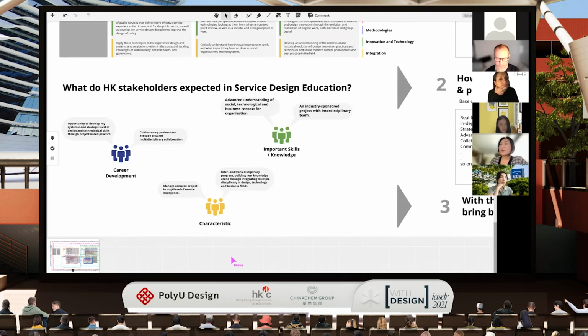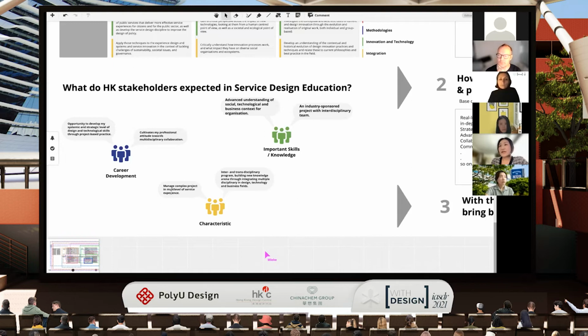And they also wanted to cultivate a professional attitude towards more multidisciplinary collaboration, not only working with designers themselves, but working with business planners, strategists, or R&D. They are interested in more collaboration for their future careers.